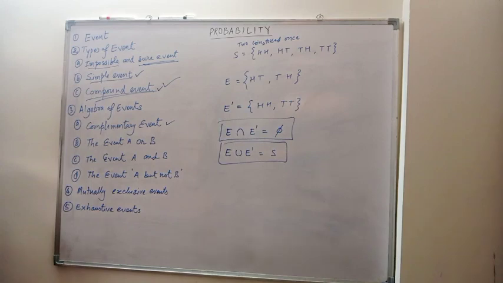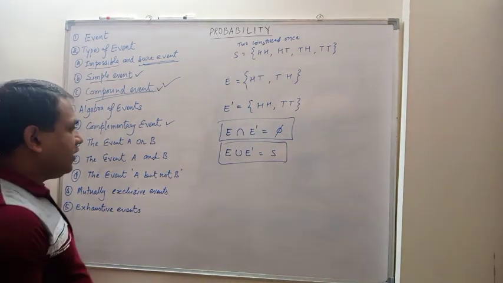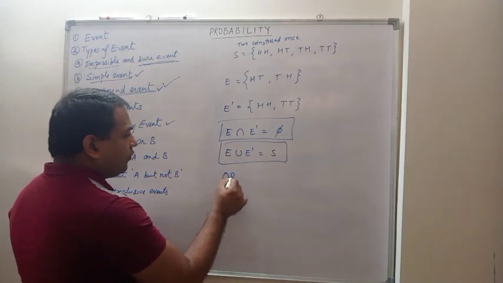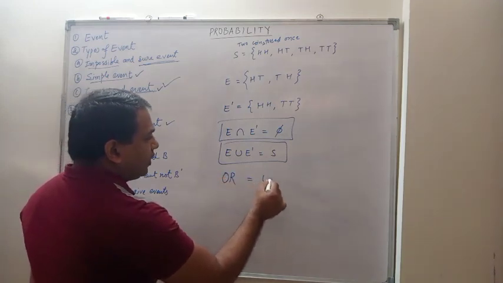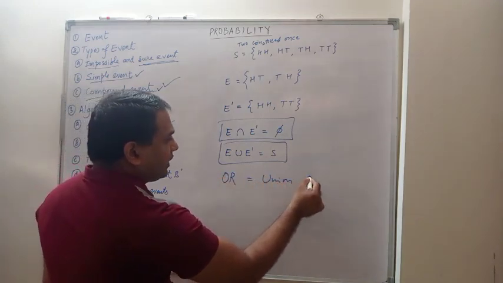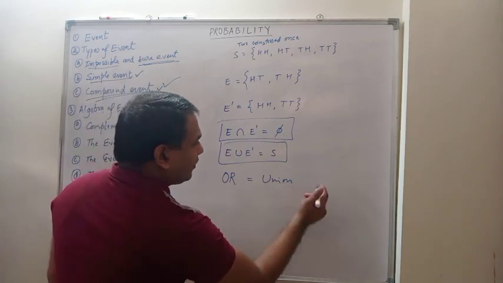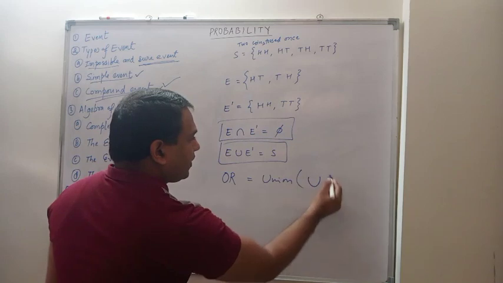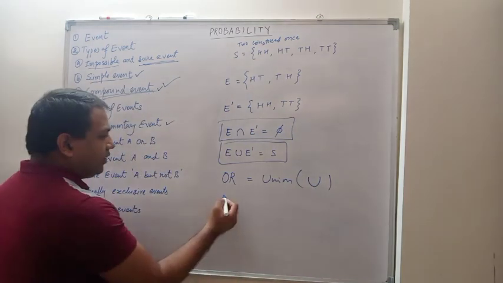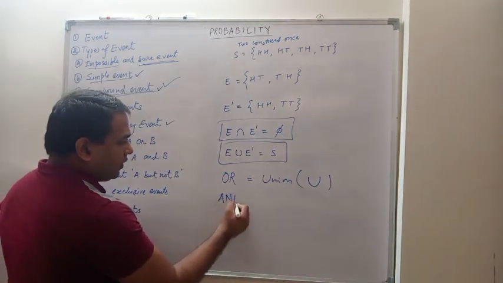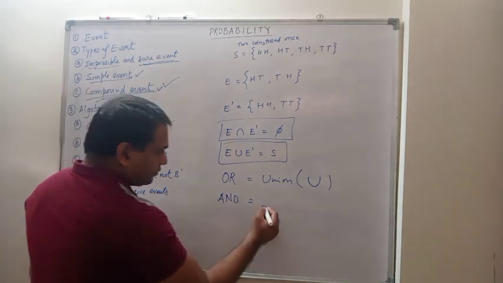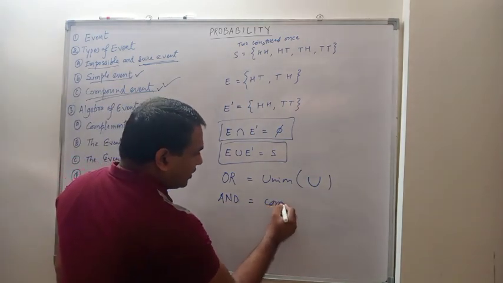Now the event A or B. In the sets chapter we have studied that the meaning of OR is nothing but union, which is symbolically represented as union. And AND means common, or intersection.